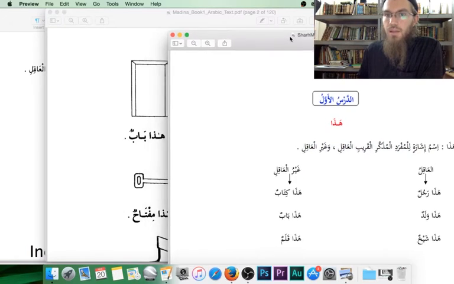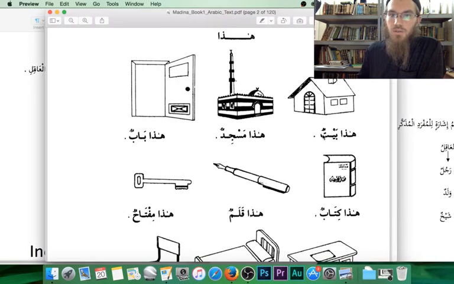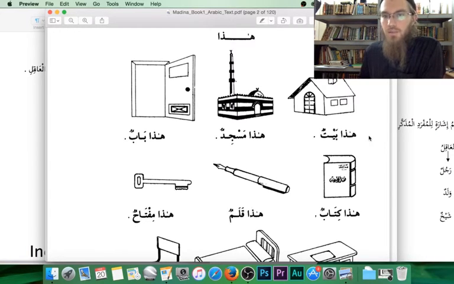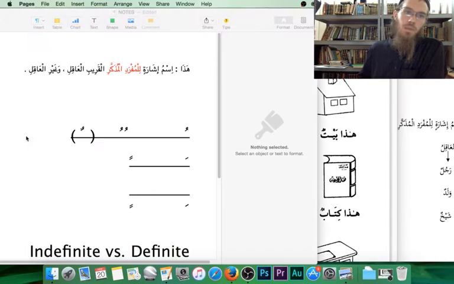So we know that each one of these words used in each one of these examples fulfills those requirements because it's being used with the word hadha. So inshallah, by analyzing these words and learning a few things about the second half of these sentences, we'll get a bigger picture of the Arabic language and how it works and what it consists of.